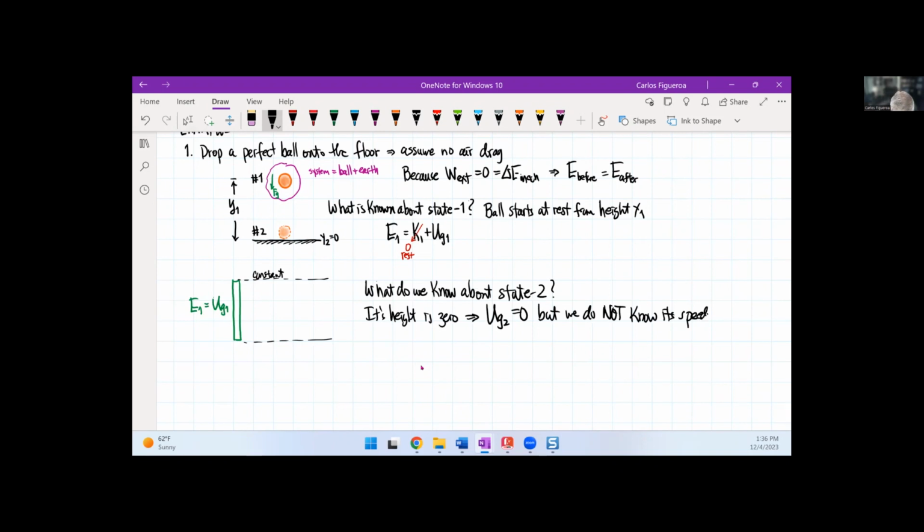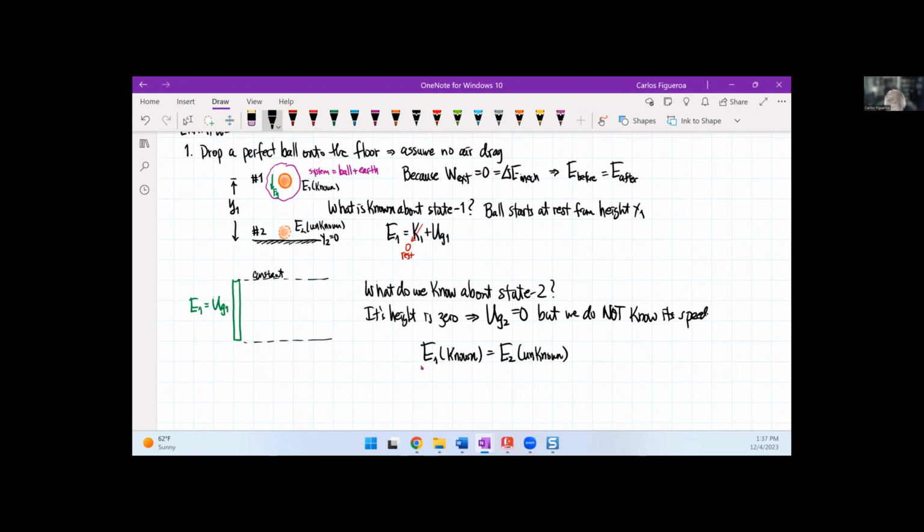So then what we're seeing here is that state 1 is a known energy. State 2 is an unknown energy. In other words, conservation of mechanical energy says that I know everything about energy 1, but I don't know everything about energy 2.